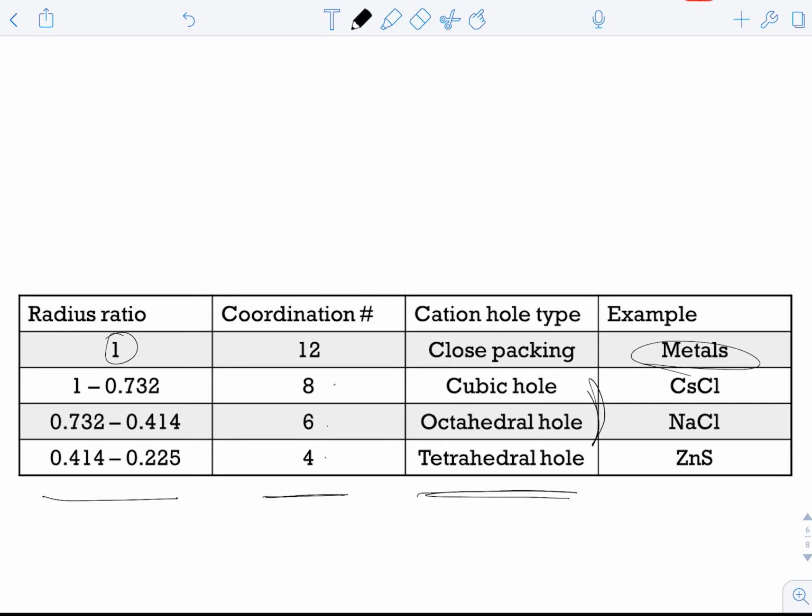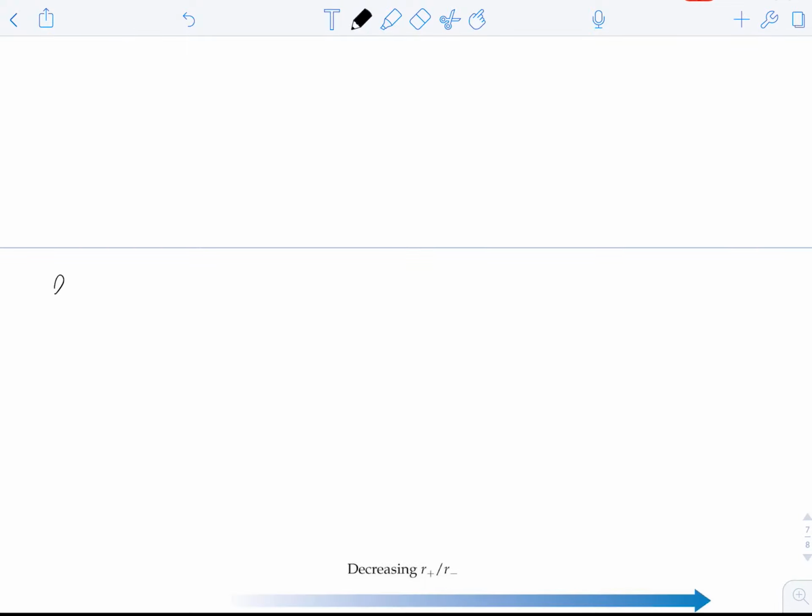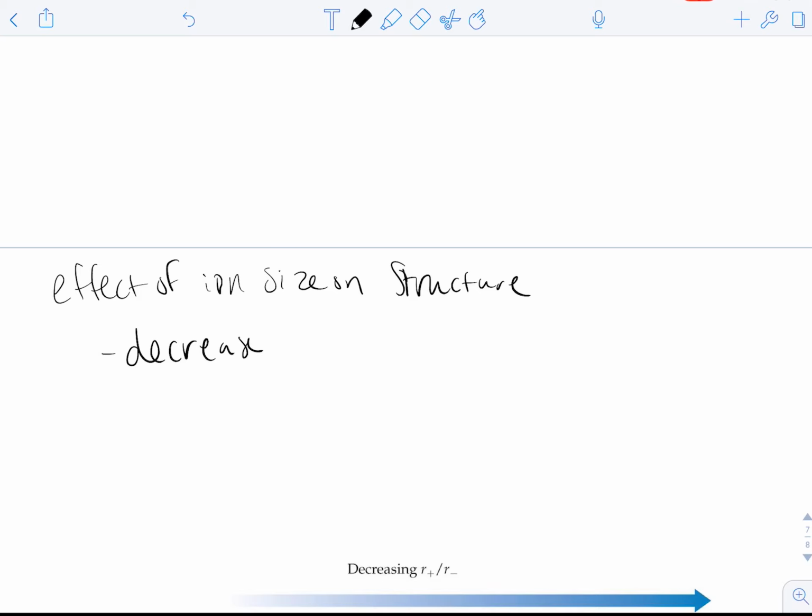Okay, so let's look at how ion size affects our structure. As we decrease our cation size, going from a cubic to an octahedral to a tetrahedral, we're going to decrease our radius ratio, right?